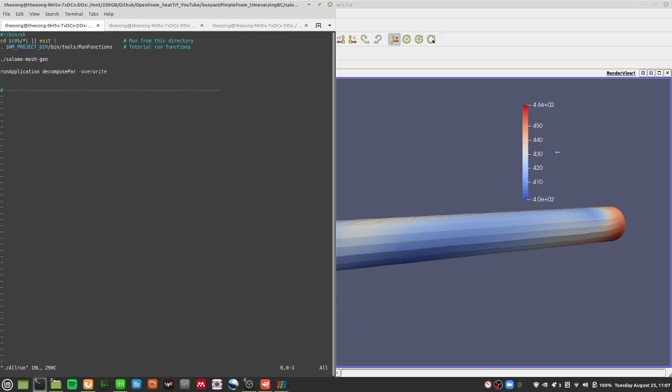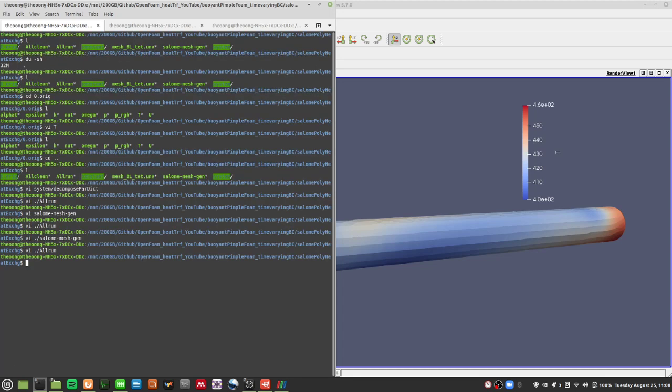So I do the salome mesh gen, which will clean everything up and restart everything. So runApplication not override. I think this should be force. Okay, then runParallel buoyantPimpleFoam, then runApplication reconstructPar force. Maybe I just do reconstructPar and let's see what happens.